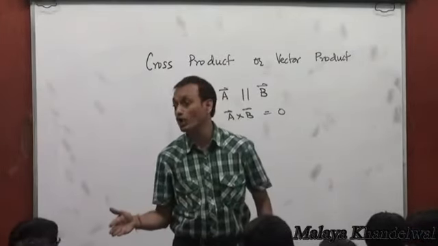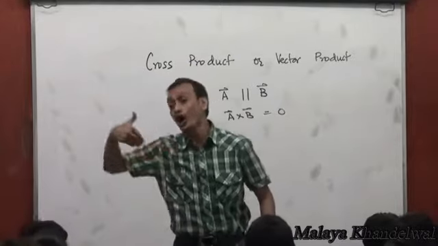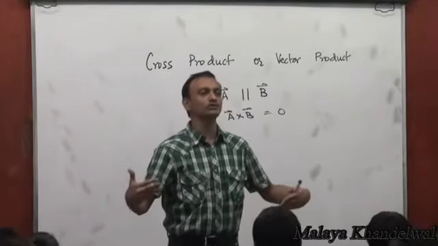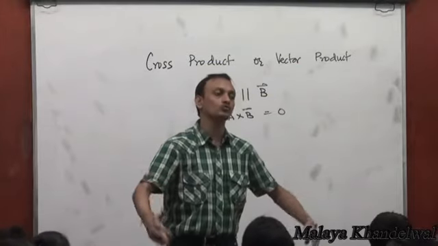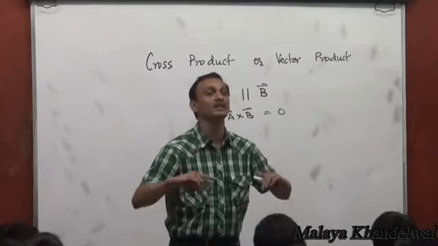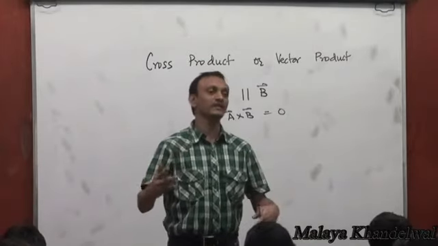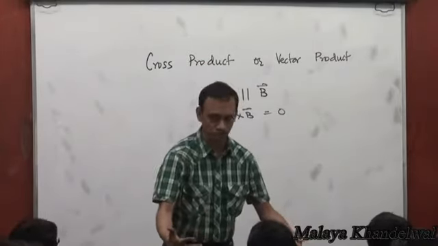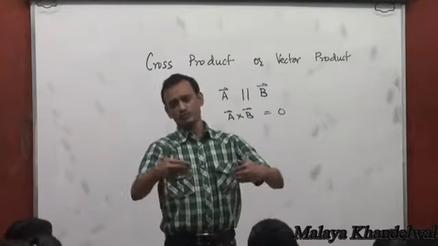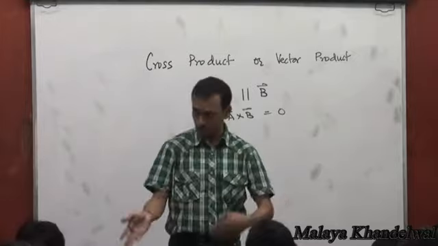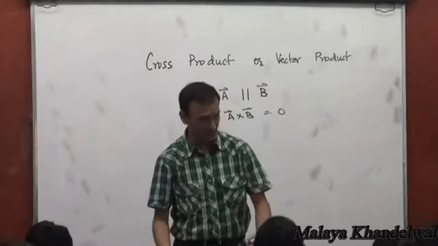Anti-parallel means the angle between them would be 180 degrees, and sine 180 degrees is also 0. So A cross B will be 0 if A and B are either parallel or anti-parallel, right?